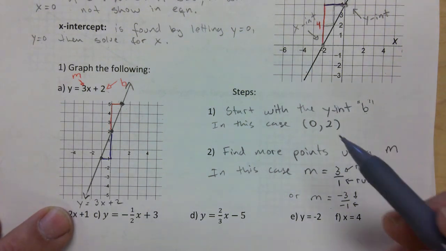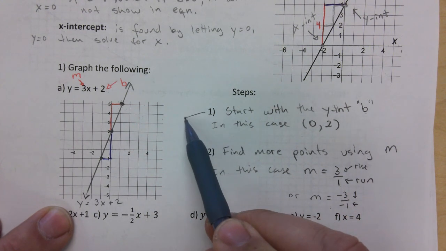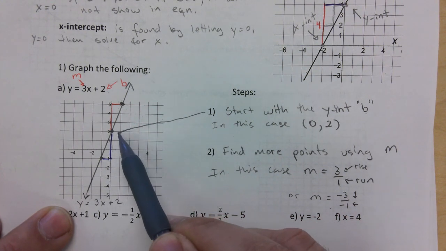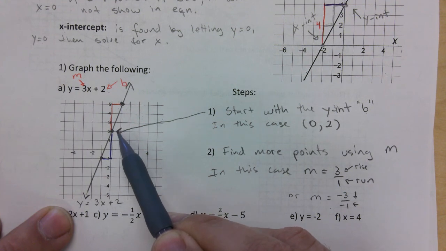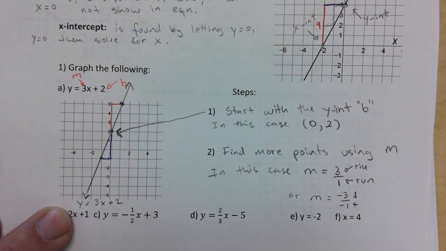And from step 1, I will tell you to make an arrow just going to where you started, right? You always start with the y-intercept. And then you use the slope to find other points. Okay.